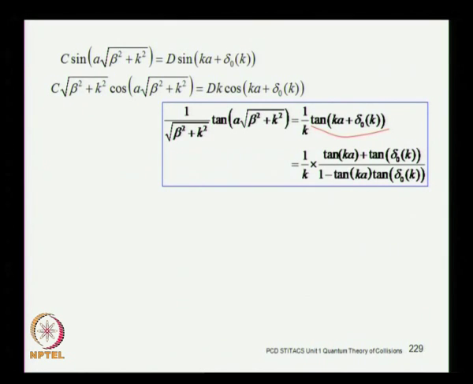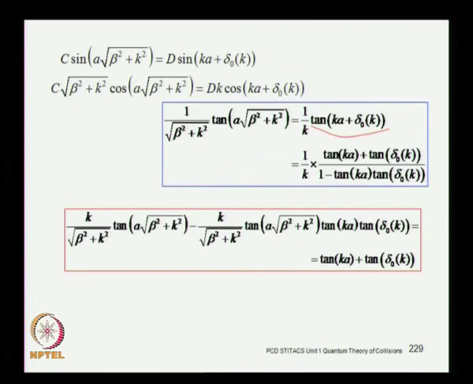And then you can manipulate this result by a little bit of very simple algebra by doing cross multiplication and rearranging the terms. So, I will not go through these steps in detail, it is very straightforward. All you are doing is rearranging the terms so that you get the tangent of the phase shift, okay, which is tan delta.